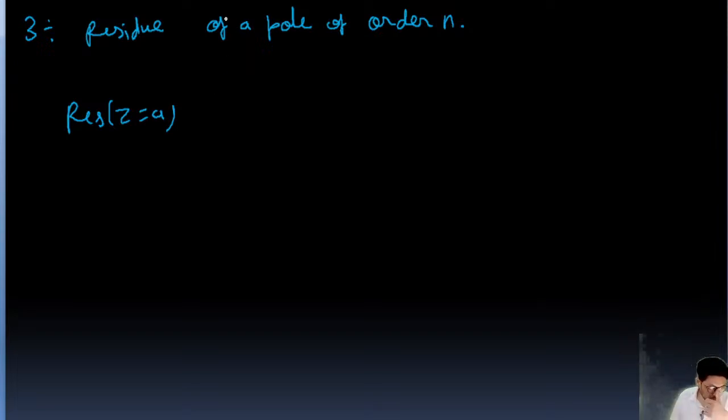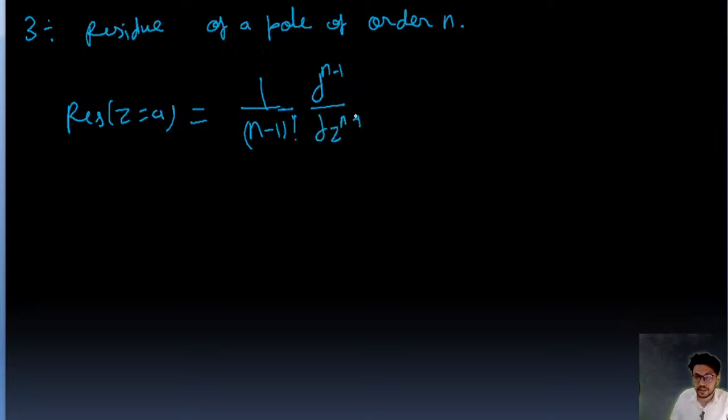Okay, so that is going to be a very important formula. Residue at z equal to a is going to be 1 upon (n minus 1) factorial, d^(n-1) upon dz^(n-1) of (z minus a)^n f(z).